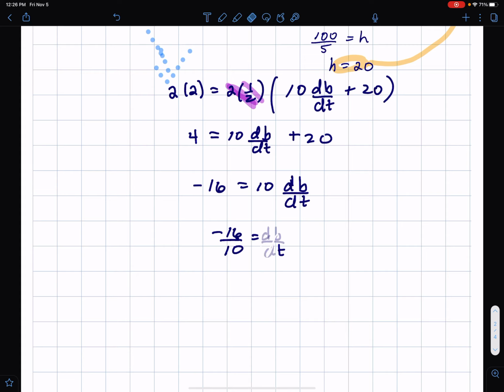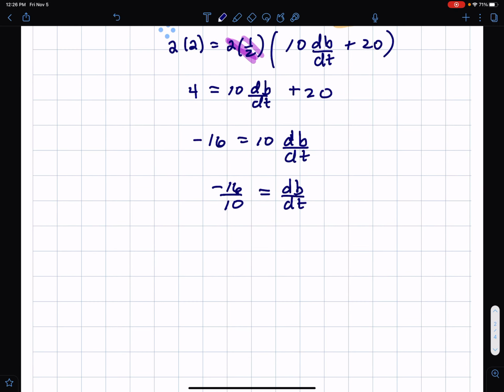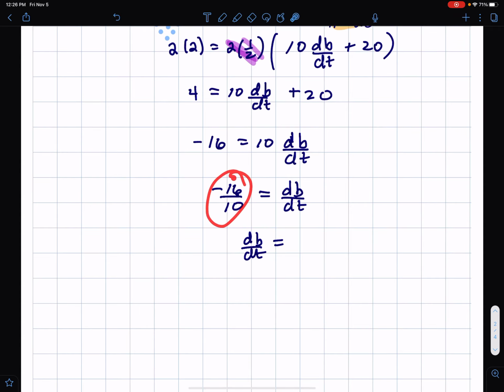I feel like some days my handwriting is a little neater than others. 16 and 10 have a common factor of 2. But some people might want to write this as a decimal. 16 divided by 10 is easily written as 1.6. So it's negative 1.6. But you could also write that as negative 8/5.